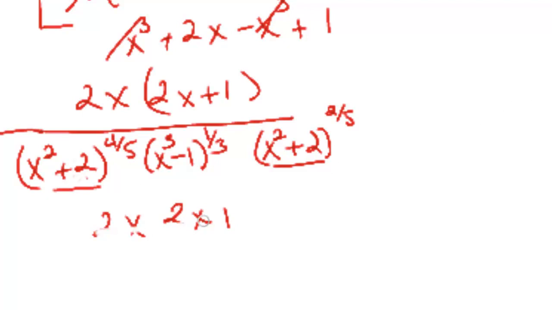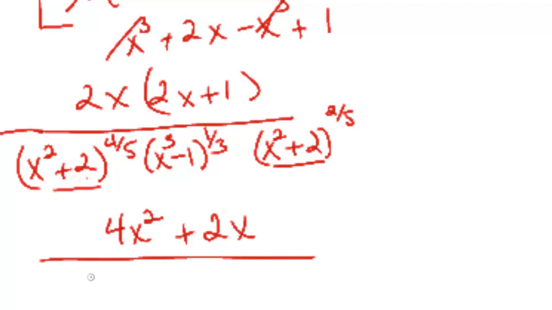Actually, you know what? I can distribute. You can distribute if you want to, or leave the numerator the way it is, because if you're finding critical points, you're going to set those individually equal to 0. And there's no sense in distributing when you're going to factor out here in a second anyway. But for those of you that did distribute, I want you to have a sense of completion there.